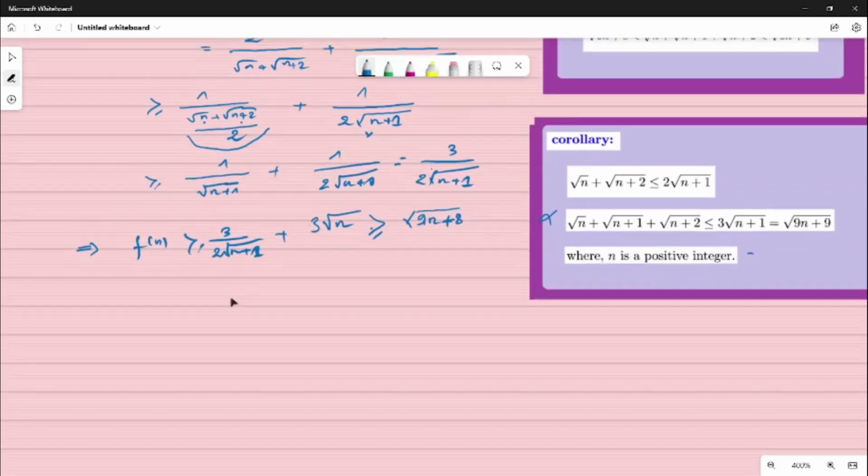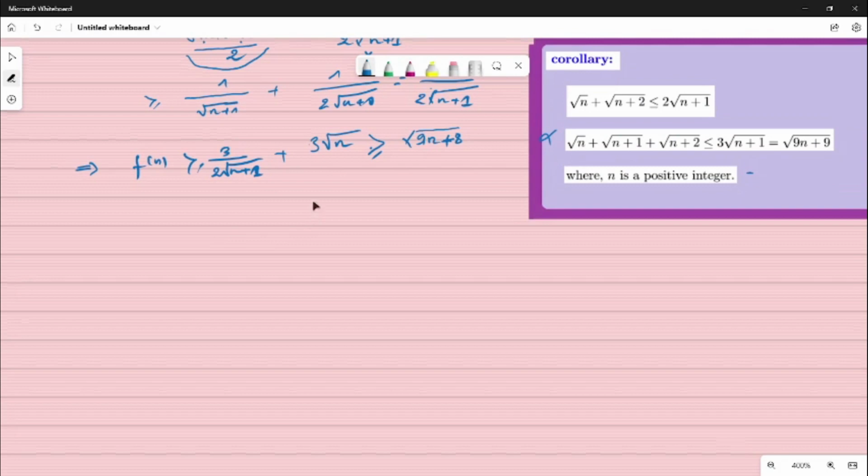And to do this, I will compare the squares of these two quantities.